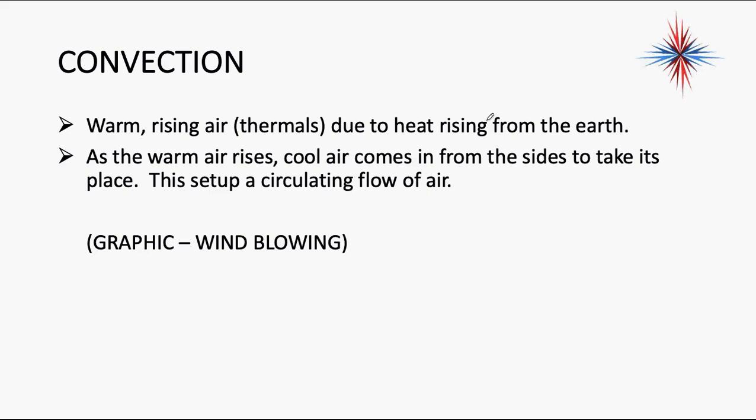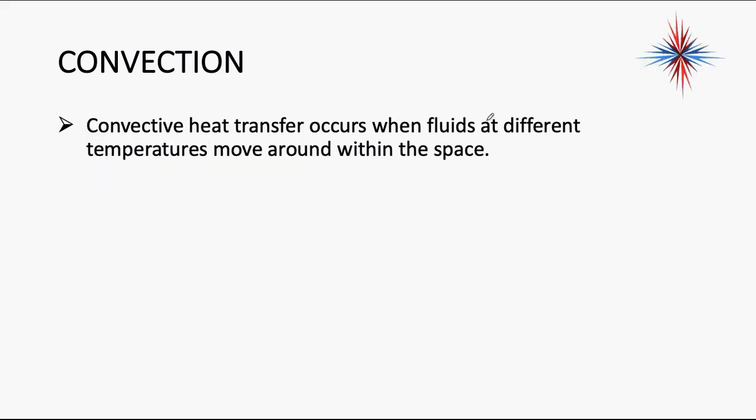Warm air rises due to heat rising from the earth. As the warm air rises, cool air comes in from the sides to take its place. It's a setup of circulating airflow. Convective heat transfer occurs when fluids at different temperatures move around within a space.